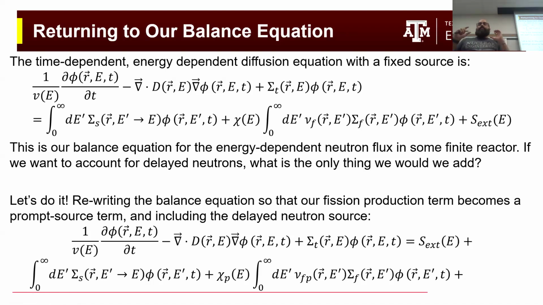This explanation is somewhat incomplete in that we don't have delayed neutron source terms. None of this tells us about delayed neutron production. So what we need to add is a delayed neutron source term. That's what we're going to do. We're going to add a delayed neutron source term.